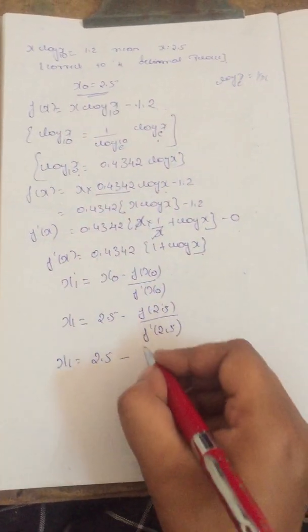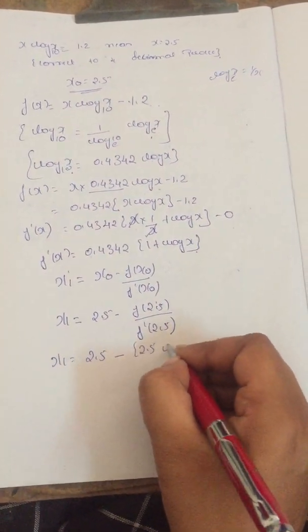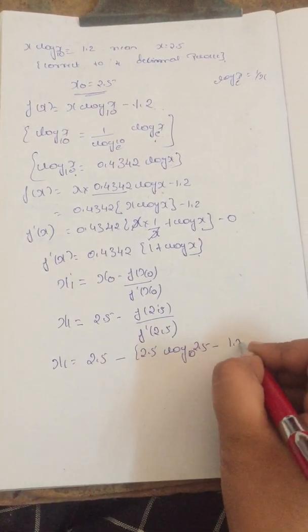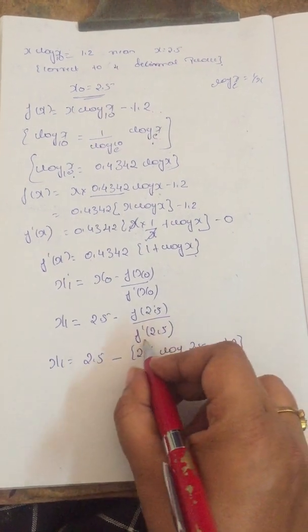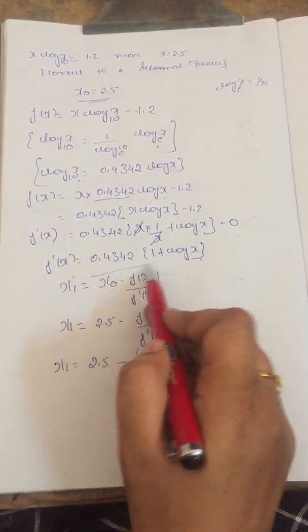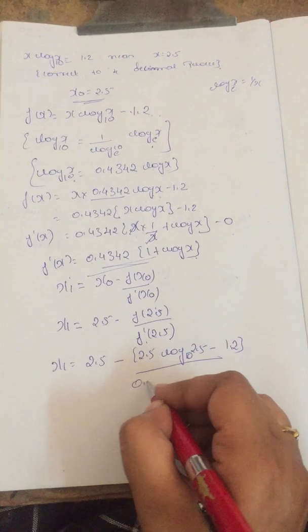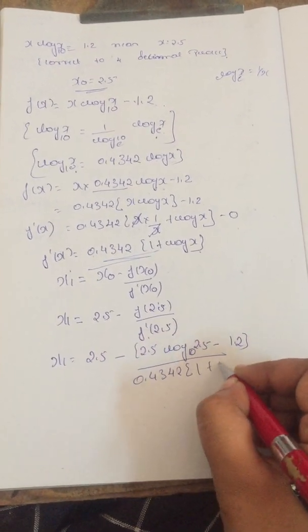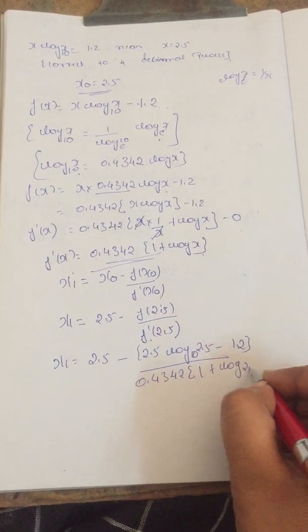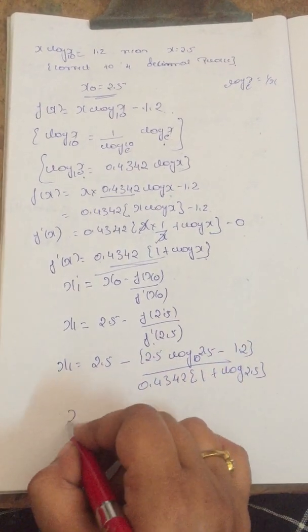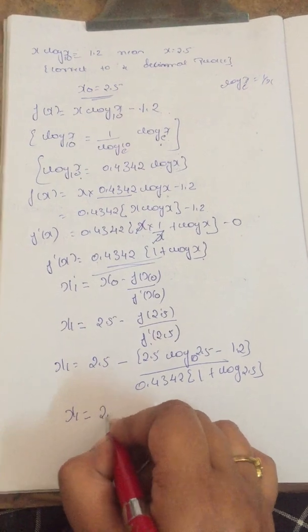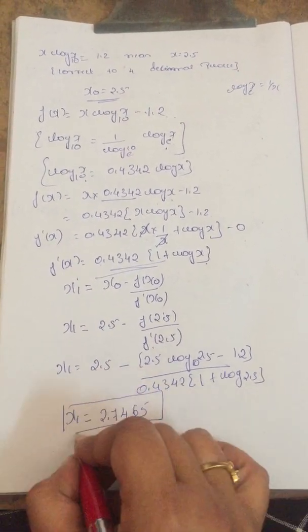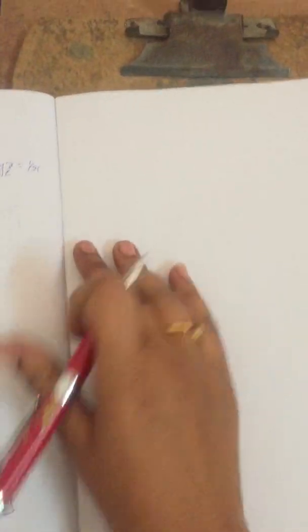So x1 is 2.5 into log base 10 of 2.5 minus 1.2, divided by f dash of 2.5, which is 0.4342 into 1 plus log of 2.5. Simplifying, we get x1 as 2.7465.